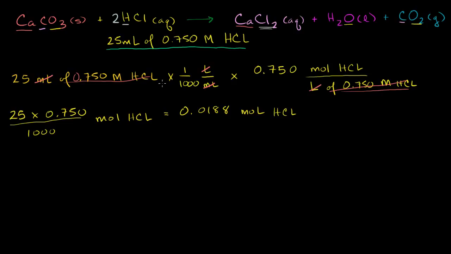And now we know that for every 2 moles of hydrochloric acid, we need 1 mole of calcium carbonate. So we want to know the moles of calcium carbonate required. Let's multiply this times something so that the moles of hydrochloric acid cancel out. For every 2 moles of hydrochloric acid, we need 1 mole of calcium carbonate required.